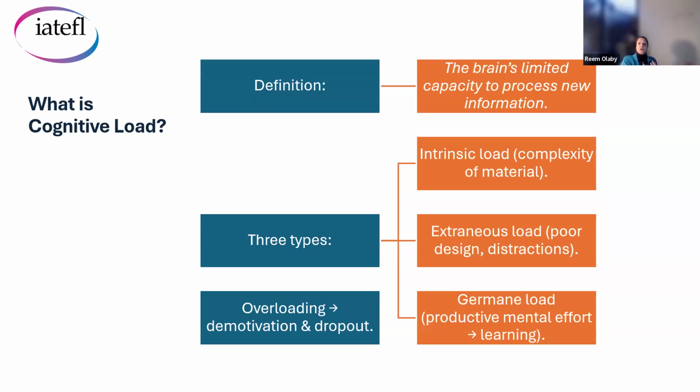We can reduce the intrinsic load by breaking complex topics into manageable parts. For example, when it comes to teaching past tense, let's say, regular verbs could be introduced first and then practice, and then irregular verbs and then practice, instead of teaching both of them at once.